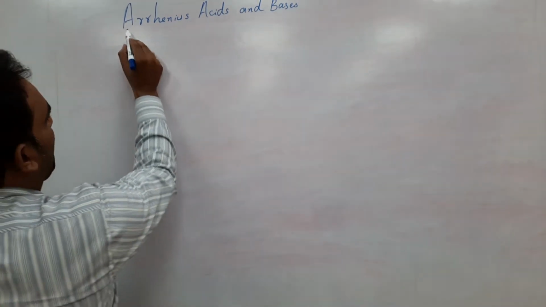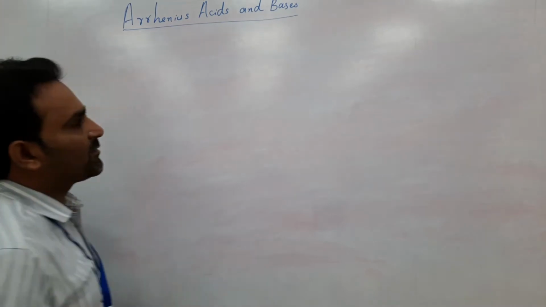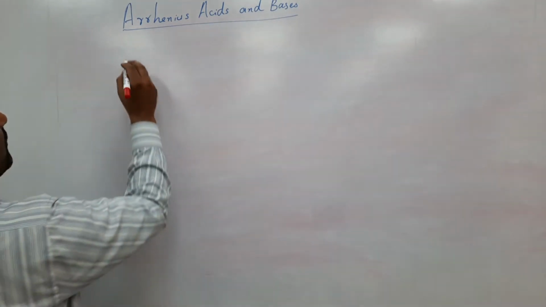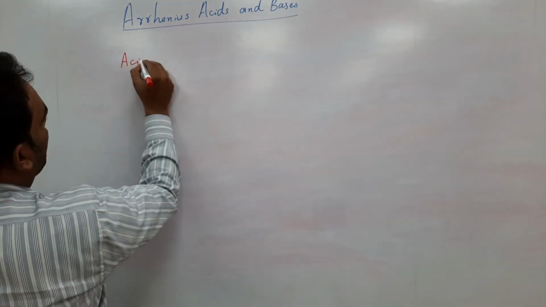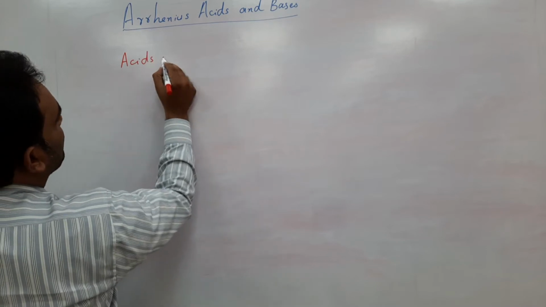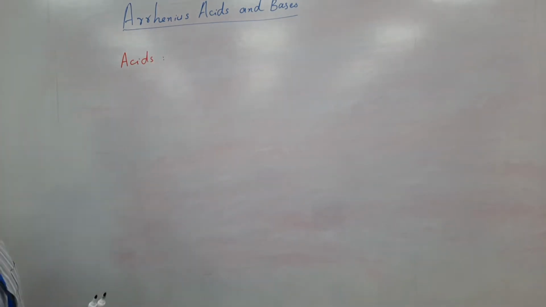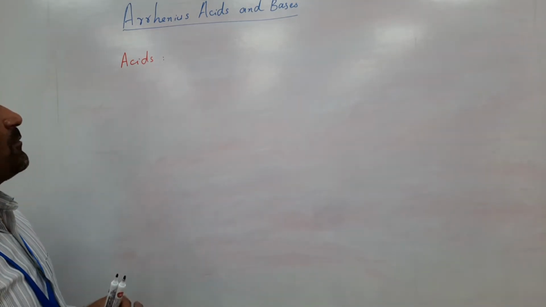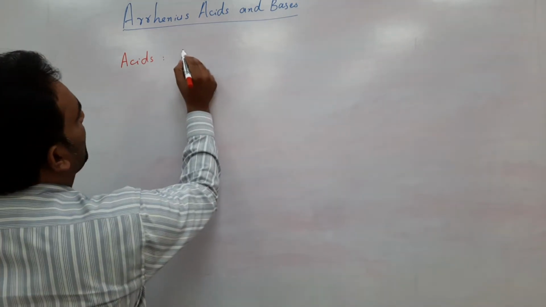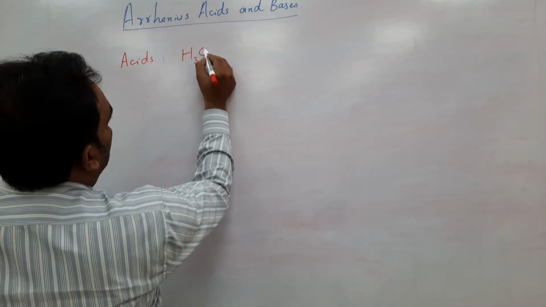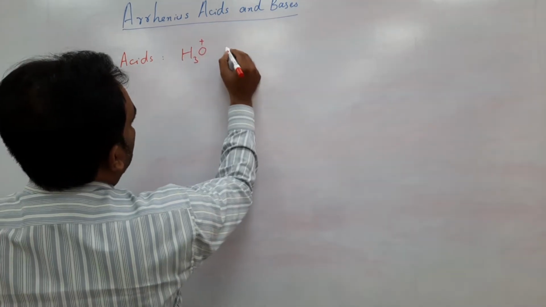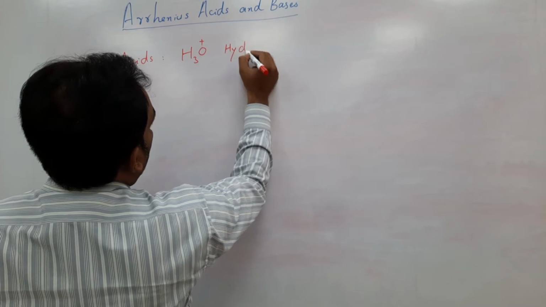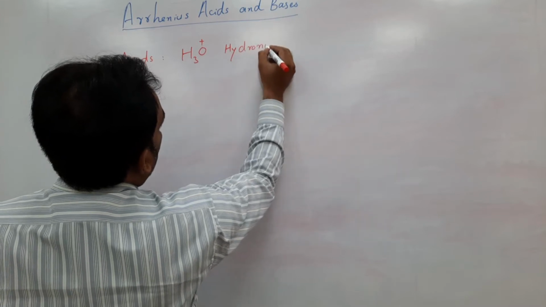According to this concept, acids are those compounds which, while dissolving in water, can produce hydronium ion. We call it hydronium.